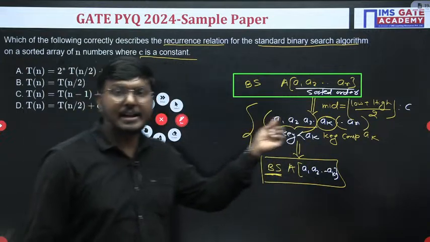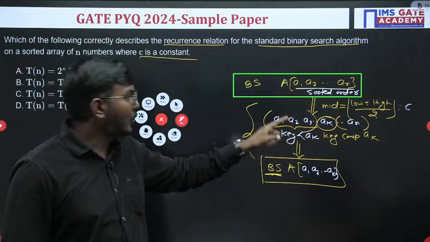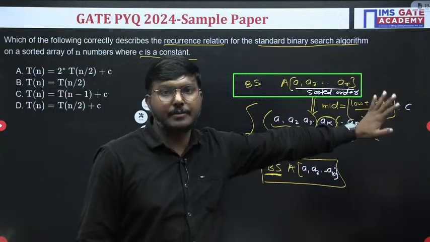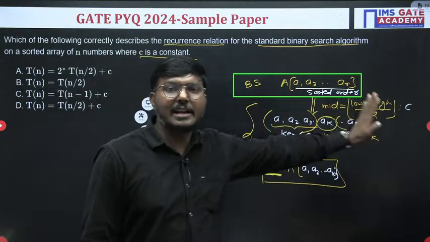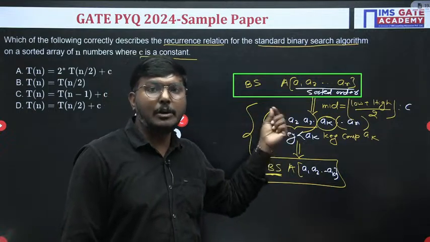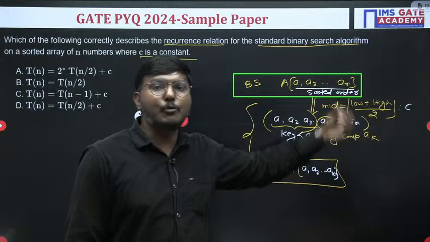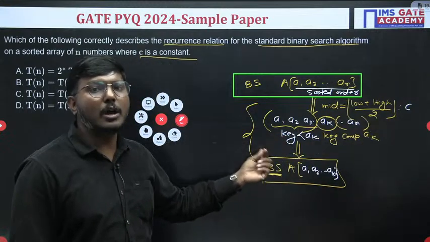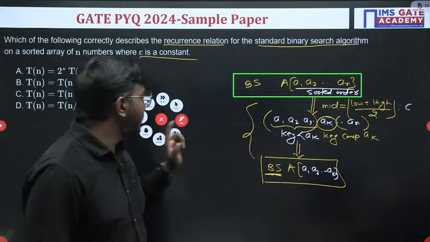Understood? In binary search, at every step the problem is divided into two halves, left and right, but only one subproblem is solved. It will not solve both; it will skip one and solve only the other.